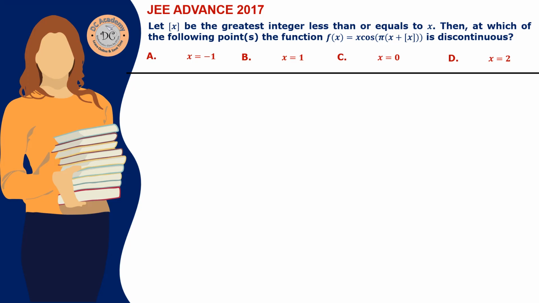First, to solve this problem, let us understand the problem. Here, a function is given and we need to test for continuity at different values of x, where x is equal to minus 1, 1, 0, 2, and so on. Note that all the points to be tested for continuity are integers.